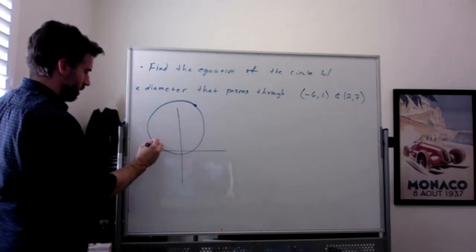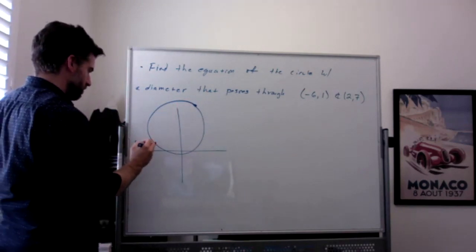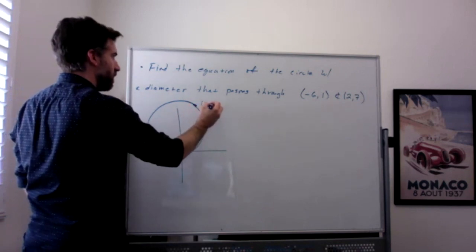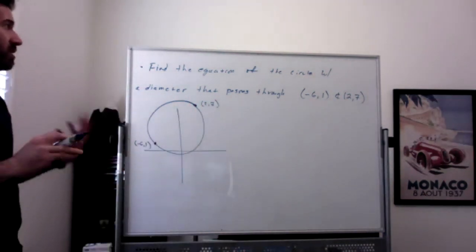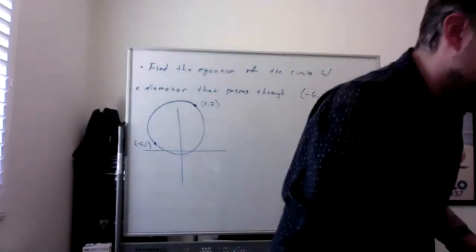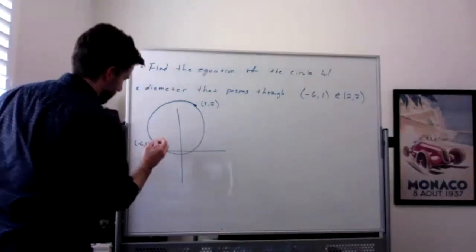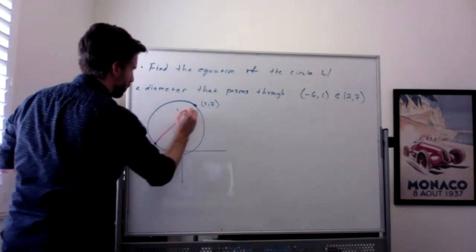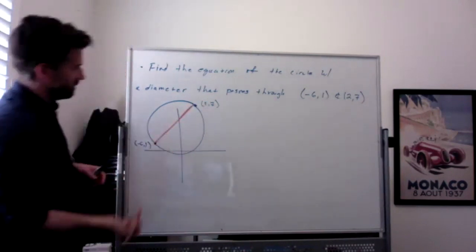And these points, -6, 1, and 2, 7, are on the circle, and there's a diameter that passes through those 2 points.